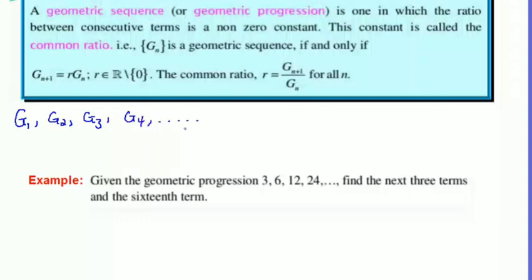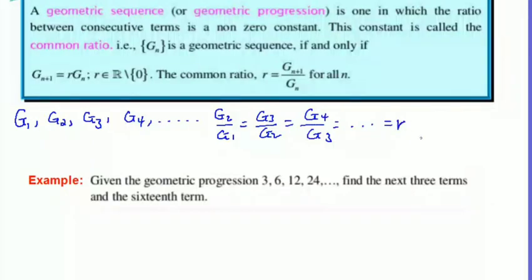So this sequence is said to be a geometric sequence if the ratio between consecutive terms, G2 over G1, must be the same as G3 over G2, G4 over G3, and so on. All these must be the same as some non-zero constant r.